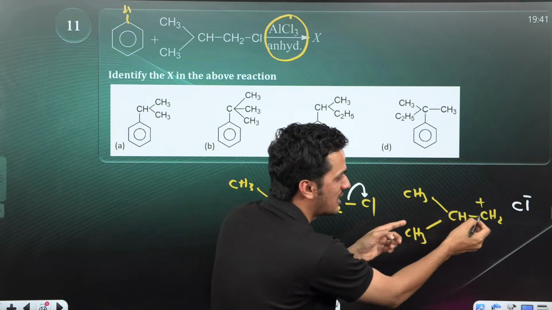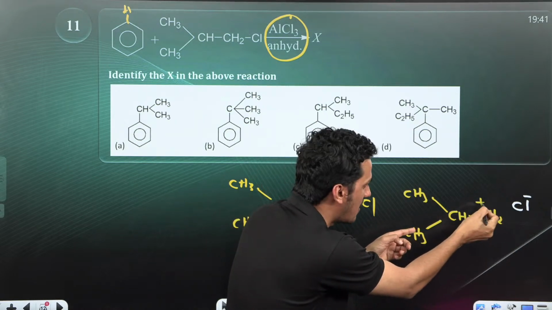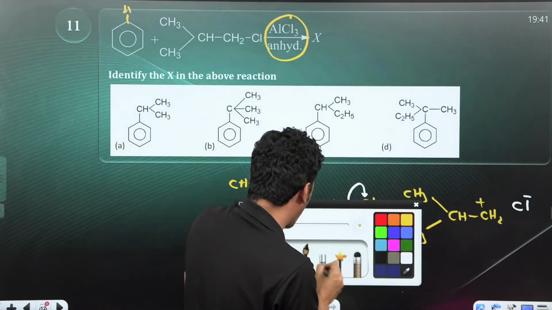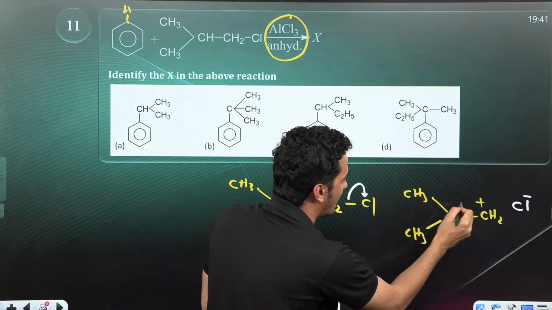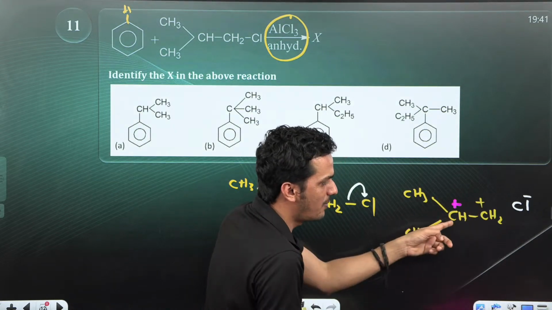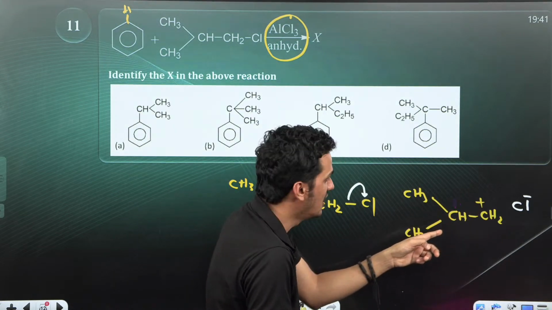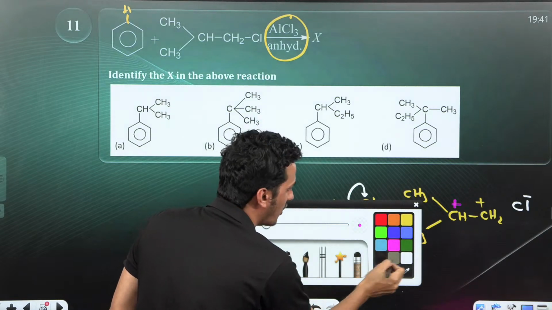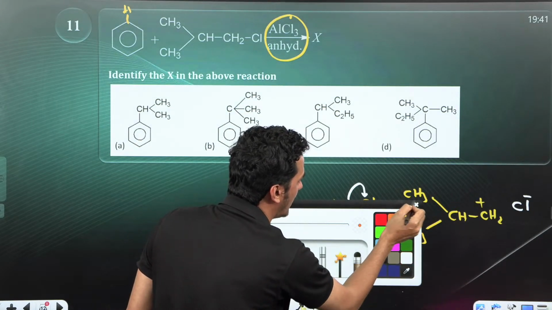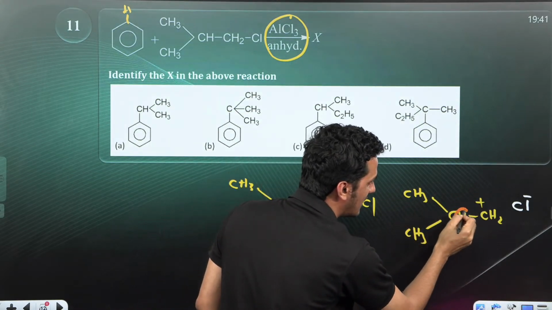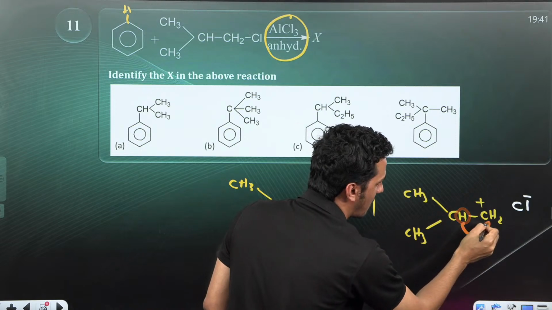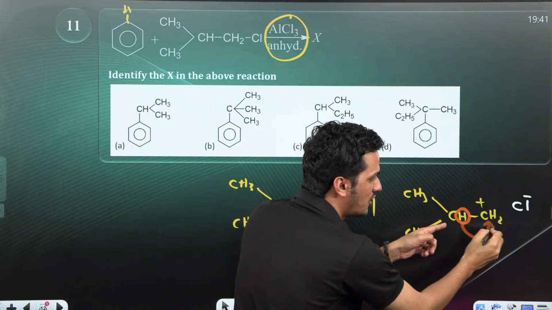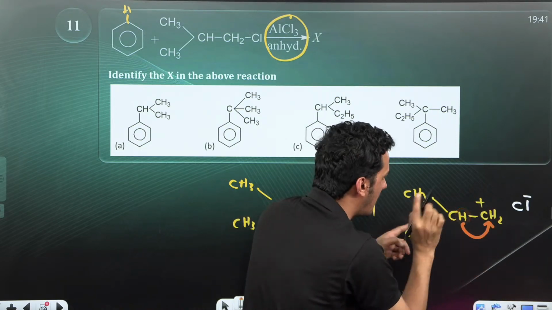This is actually primary. If this plus comes to the next carbon, then it will be tertiary. So for that, listen to me very carefully, this hydrogen will shift to this carbon. That is called a 1,2 hydride shift. So that plus will come here.